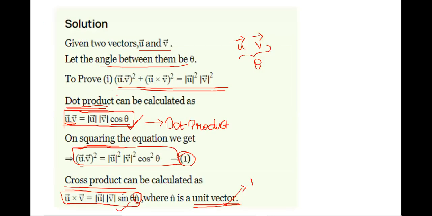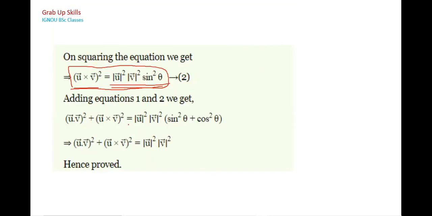That is, u dot v the whole square is equal to magnitude of u square, magnitude of v square, cos square theta. This is the first equation and this is our second equation. Just we will add both the equations. So what do we get when we add both the equations? This is the resulting equation.